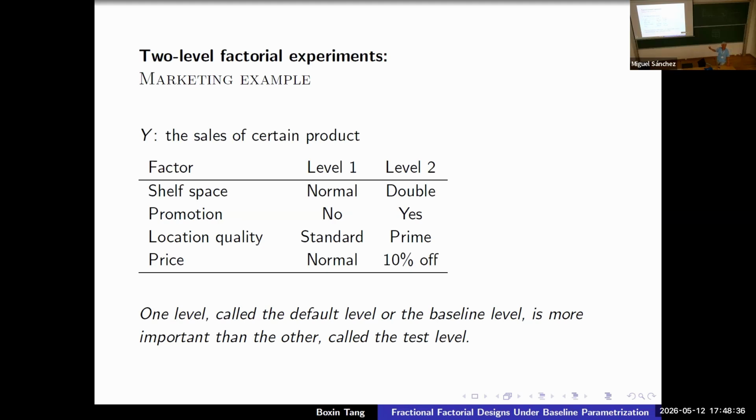Location quality: the standard location is preferred. So in this case, we would prefer the normal shelf space, no promotion, standard location quality, normal price. These are the preferred levels, or called default levels. The other levels are test levels. In this case, you see that the two levels are different. You have one preferred level and the other costs money.